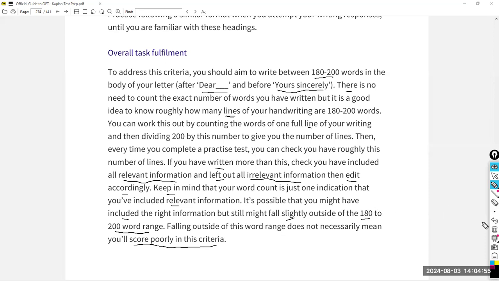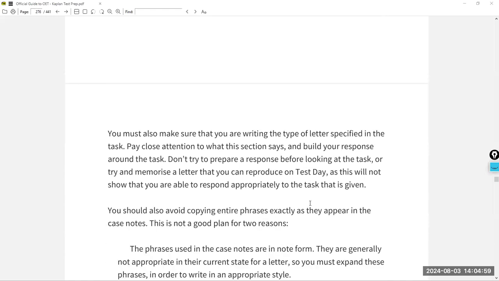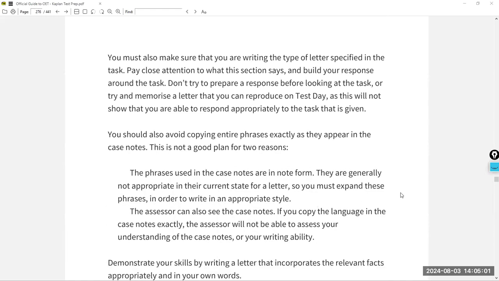But guys, I think it's better just to stick with the instructions. Please be careful. You must also make sure that you are writing the type of letter specified in the task. Pay close attention to what this section says. And build your response around the task, please.